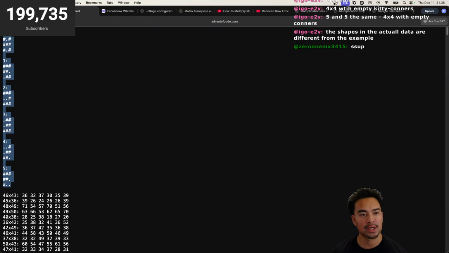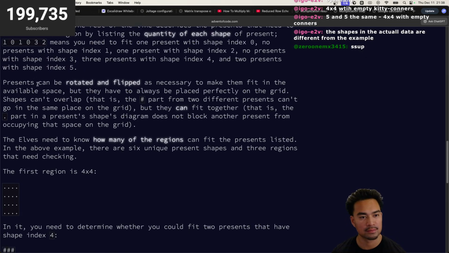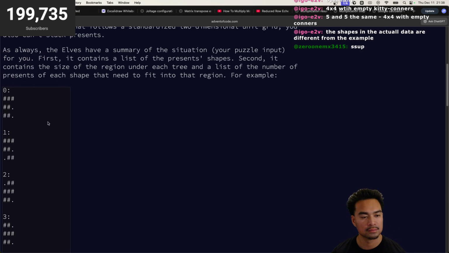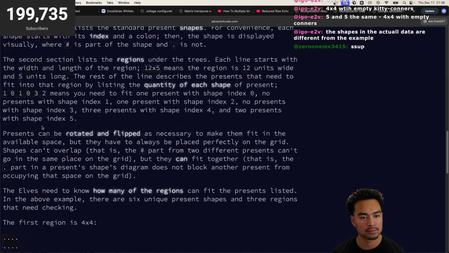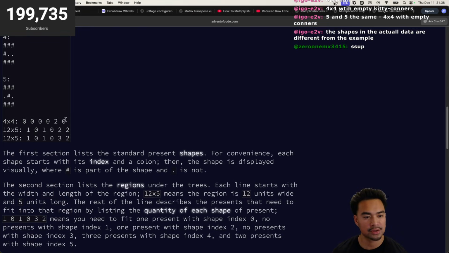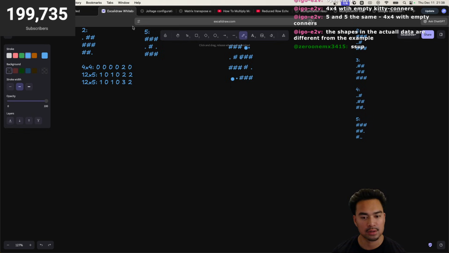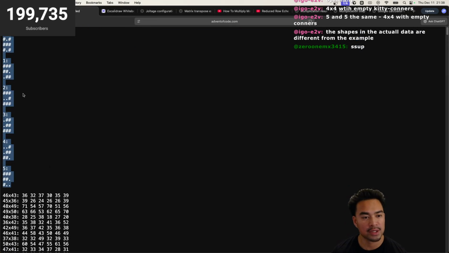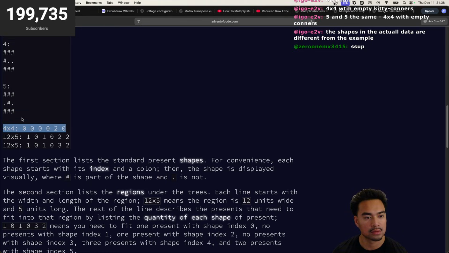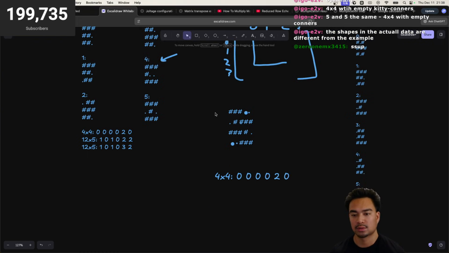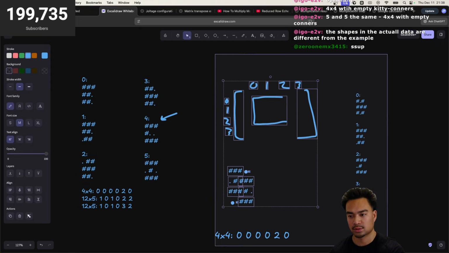Let's work on a small case. For this initial case, we have 4 by 4, and we know we need to fit 2 and 2 twice. Let's go back here. Let's delete this.